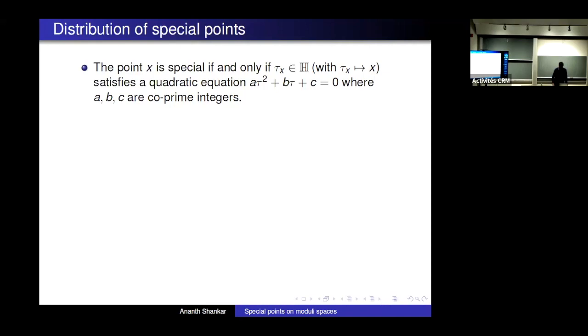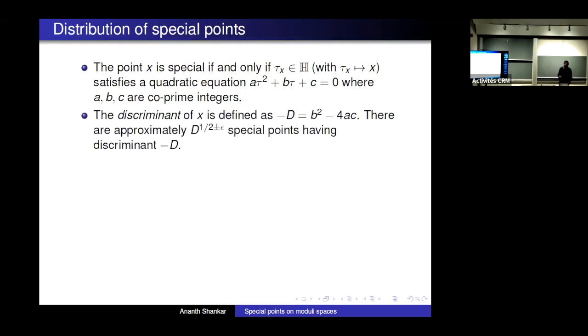And it turns out that a point is special if and only if the associated point in the upper half plane satisfies a quadratic equation with integer coefficients. To insist that it has to be non-zero, let's just insist that the coefficients are all coprime integers. So associated to such a point is an invariant called its discriminant, which we define as negative d equals b squared minus 4ac.